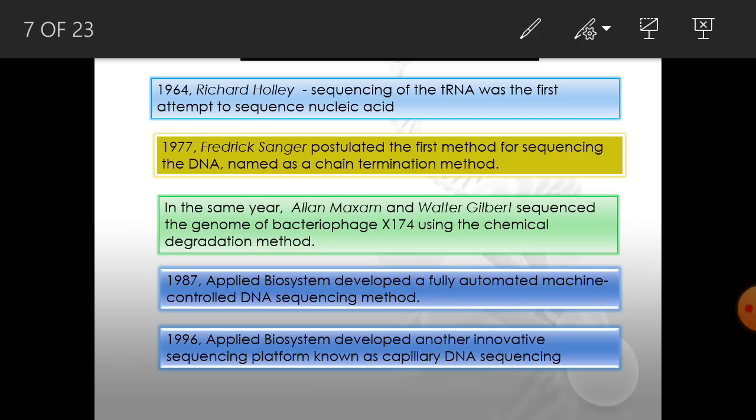Then in the year 1996, Applied Biosystems developed another innovative sequencing platform, which is used in the modern automated machines, called capillary DNA sequencing.